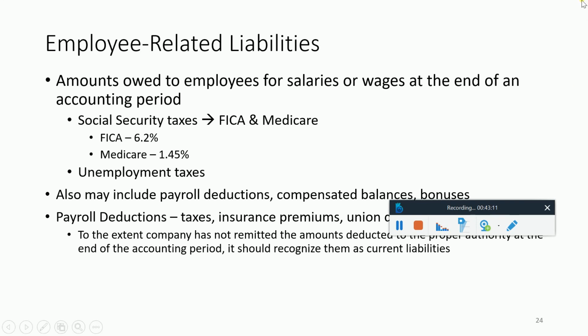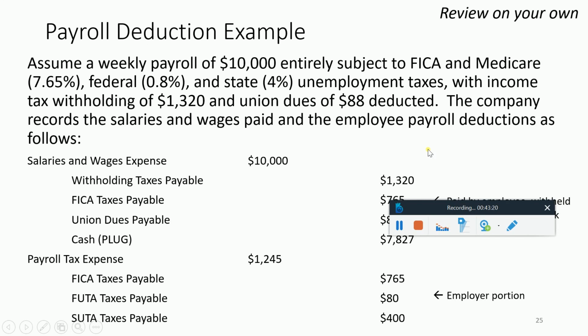And so they also need to record liabilities for any of those. Now, we're not going to go through this specific example. It's pretty self-explanatory, but I did journalize for you the journal entries that would be recorded to pay or to record some of these payroll-related items.